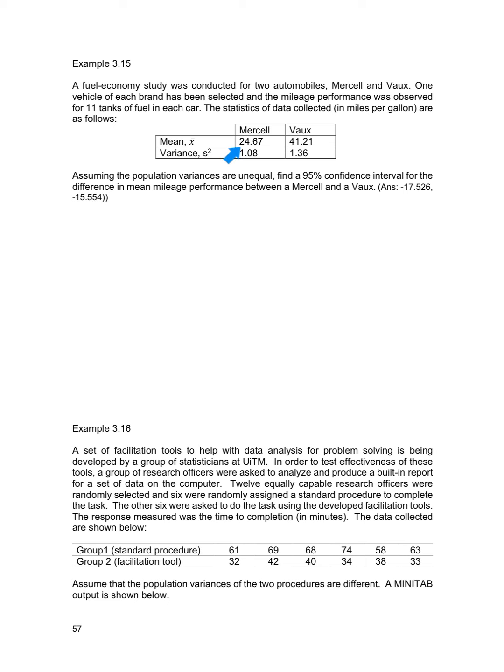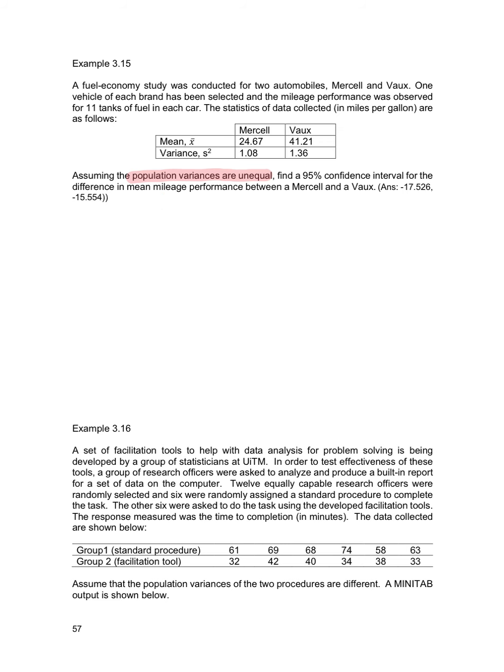The x bar for Marcel is 24.67 and the variance is 1.08. For Vaux, the mean is 41.21 and the variance is 1.36. Assuming the population variances are unequal, find a 95% confidence interval for the difference in mean mileage performance between Marcel and Vaux.